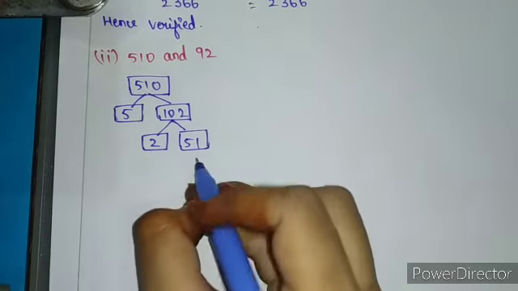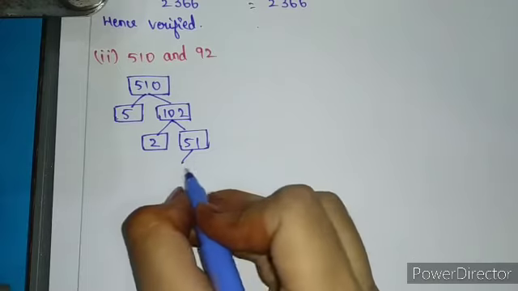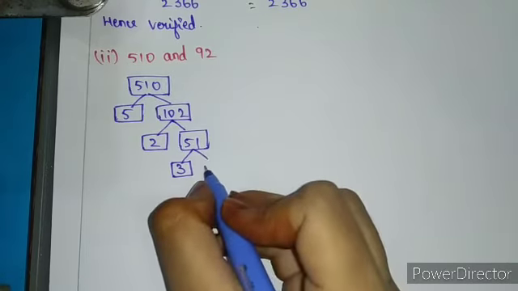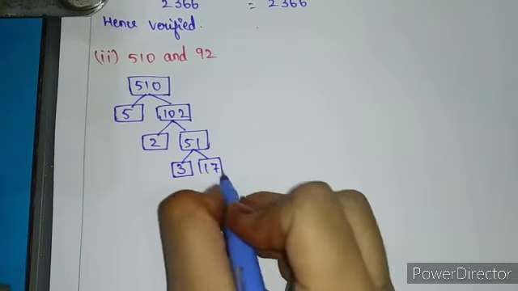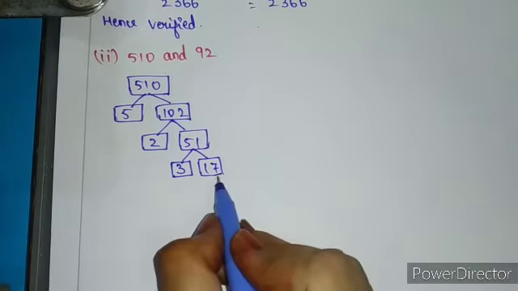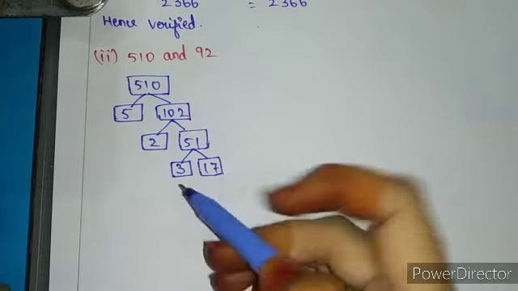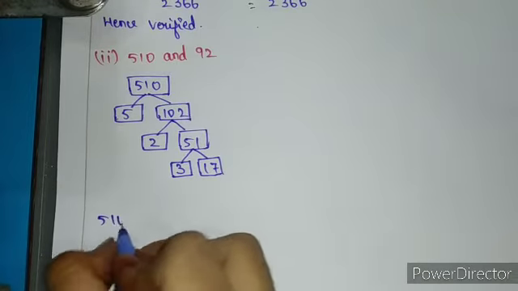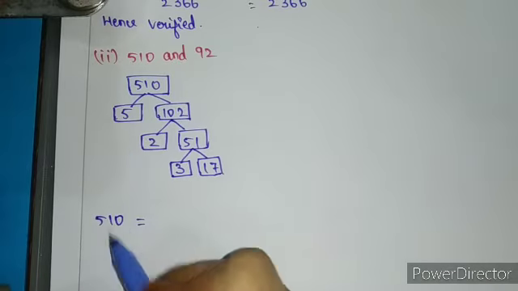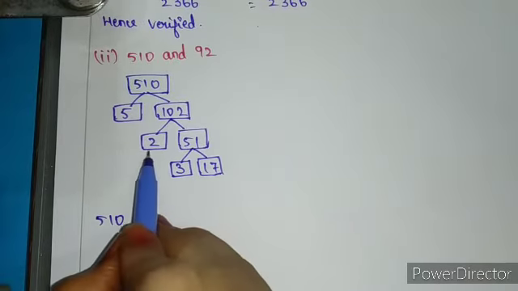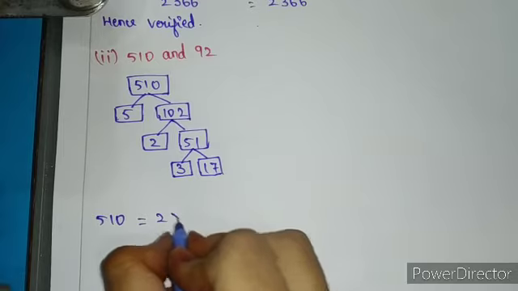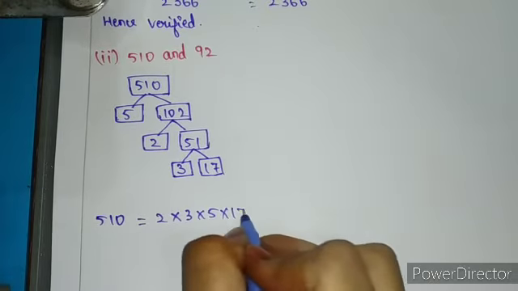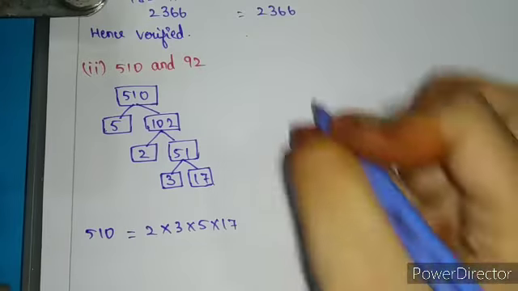And this 51 can be written as 3 into 17. See here, 3 and 17 are prime numbers. They cannot be factorized further. So we can write 510 as, in ascending order, 2 into 3 into 5 into 17.